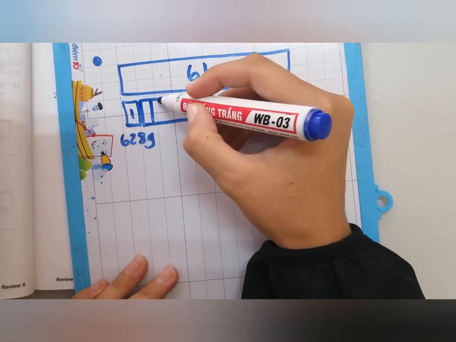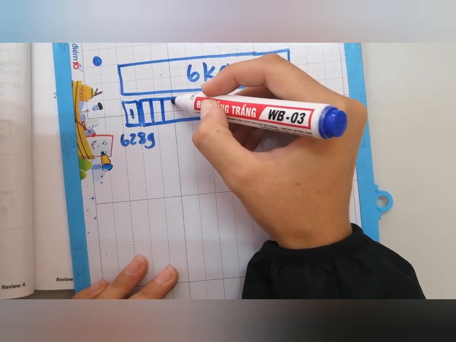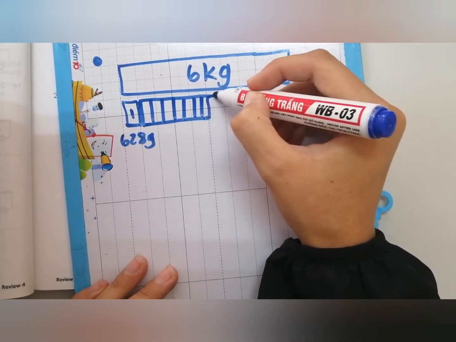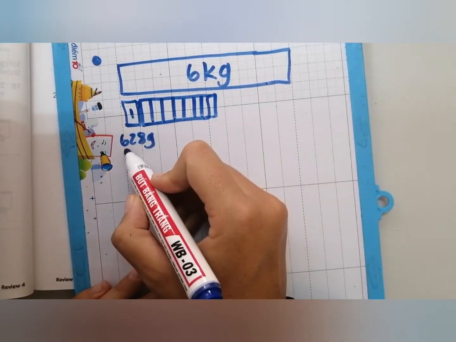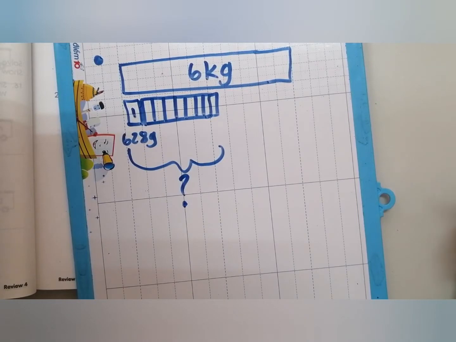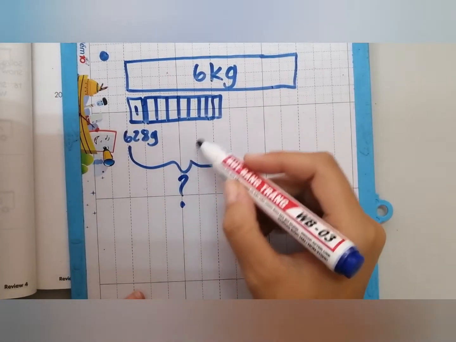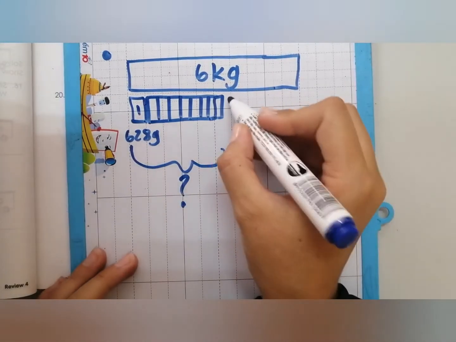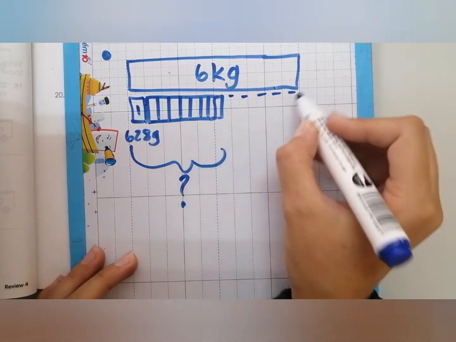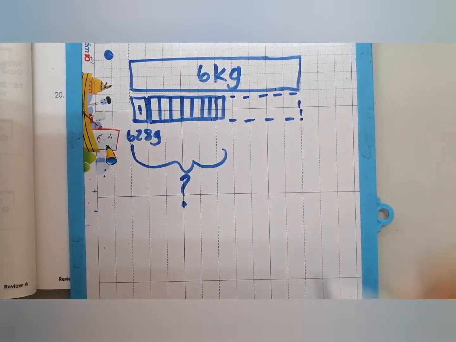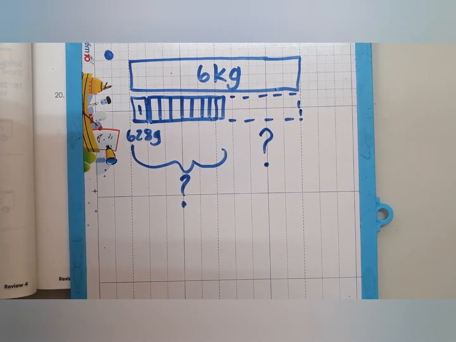So 1, 2, 3, 4, 5, 6, 7, 8, 9. We need to know how much that total is. Once we have found out the total of all of the notebooks, we can find out how much the magnets weigh.